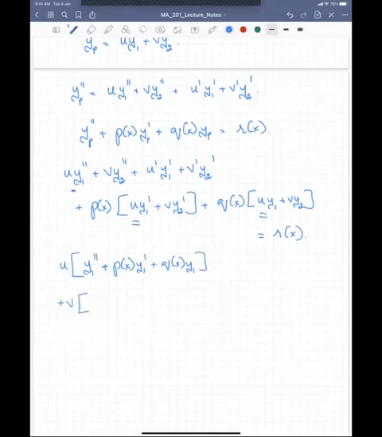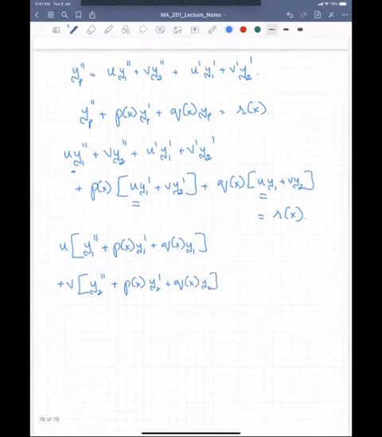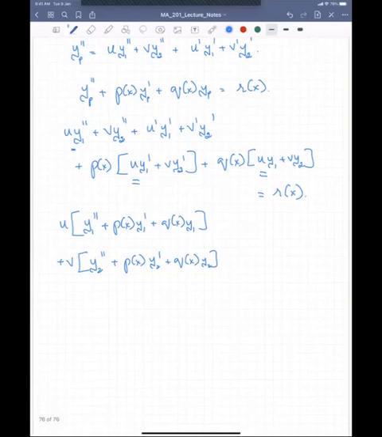Similarly, if I collect terms with v, I will get y2 double prime, y2 prime, y2. Okay, so I've taken care of most of the terms. What remains is basically first derivatives of u and v. So plus u prime y1 prime plus v prime y2 prime.